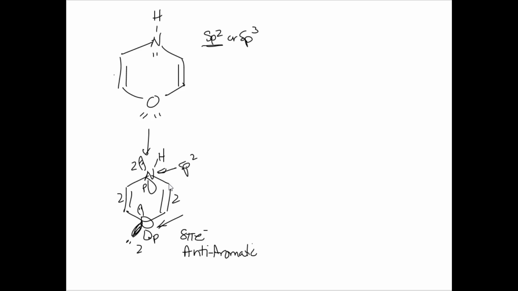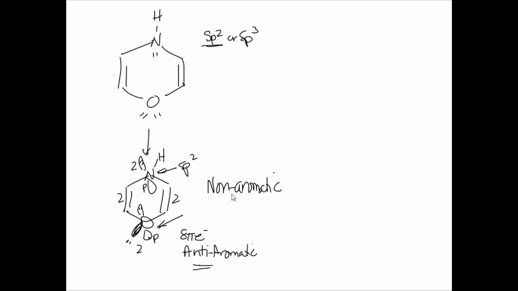But the key thing is, both these atoms are not going to become sp2 hybridized, because if I did that, I would become anti-aromatic. And so instead, it's going to just say, you know what, I'll stay as non-aromatic. Because if I can't be super stable, at least don't become super unstable. Just stay in the middle.